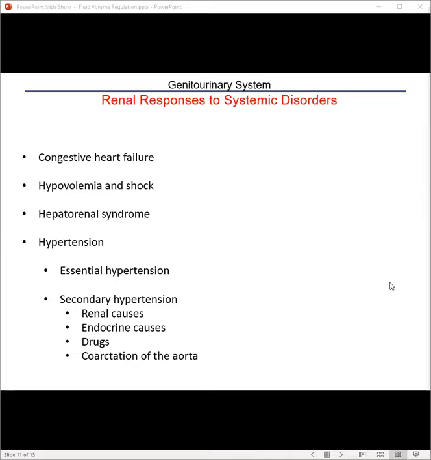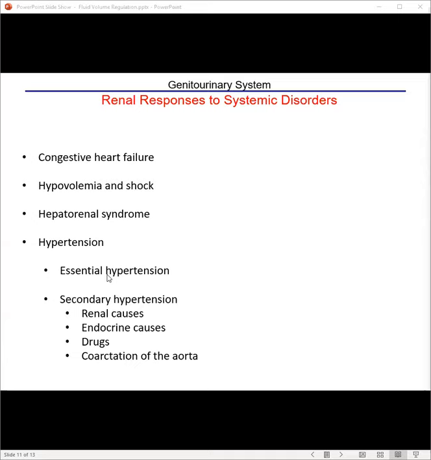And therefore, the kidney compensates for these changes by controlling sodium and water excretion, as we have discussed earlier. So if these mechanisms are disturbed, there will be uncontrolled sodium and water retention, resulting in hypertension. Hypertension, as defined by the World Health Organization, is a sustained blood pressure of 140 over 90 millimeters of mercury or above.